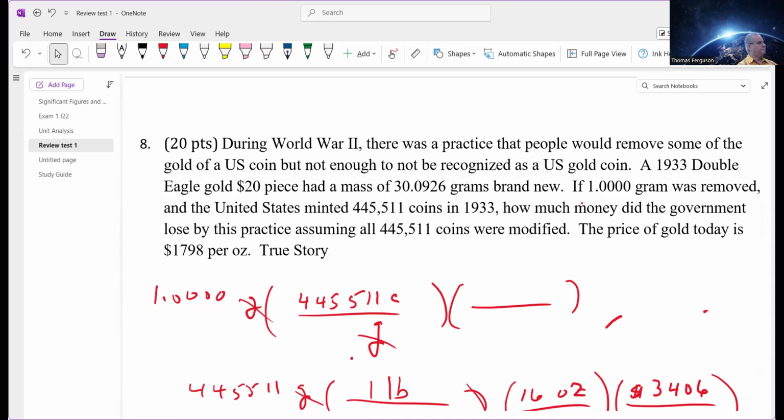So the first conversion factor that we did of the 1,000 grams multiplied by the coins, all we did is we did the calculation and brought it down. Is this 1 gram for each coin? Then we didn't have to get rid of that coins unit.